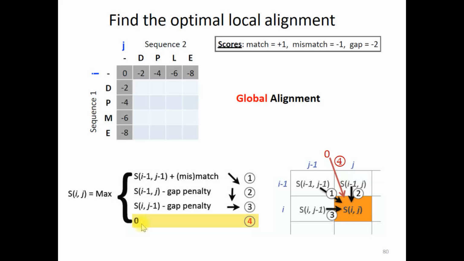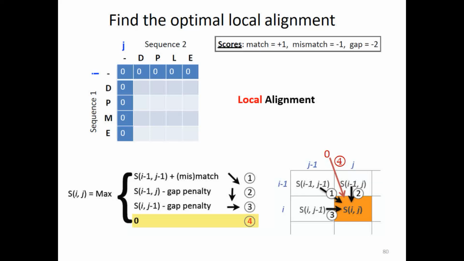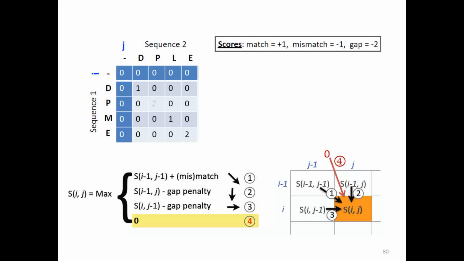So we still fill in from both sides. In the global alignment, all those numbers are negative. Now in local alignment, we do not allow negative numbers. They are all zeros instead. Then we start filling the middle boxes. Then we look for the highest score nodes.